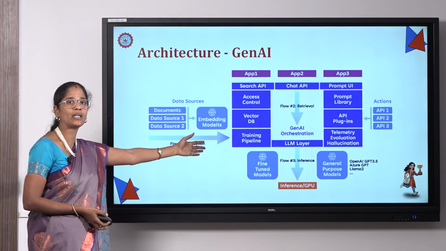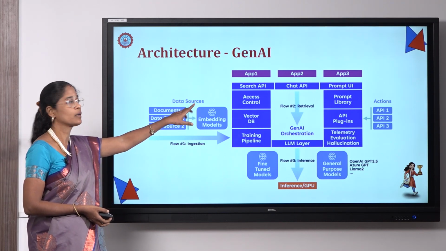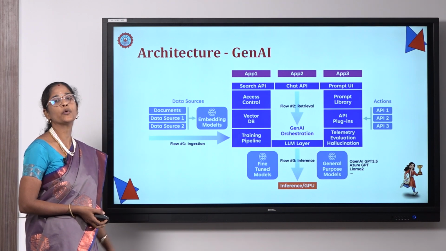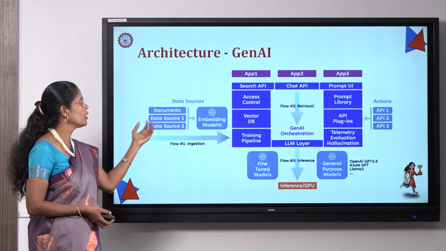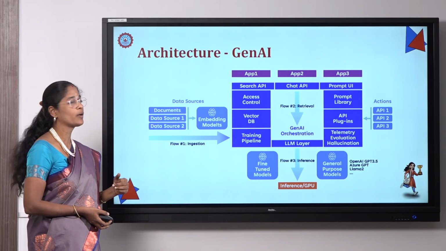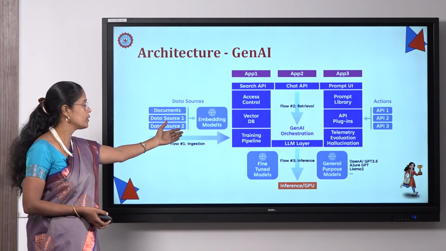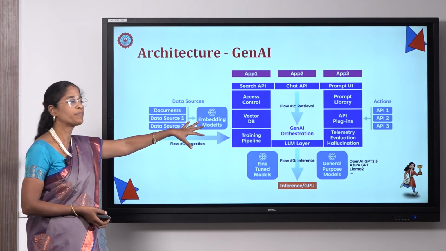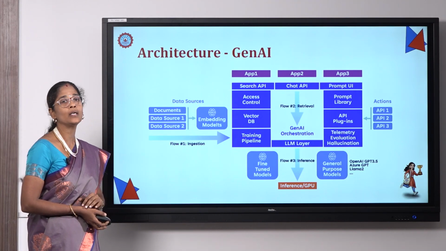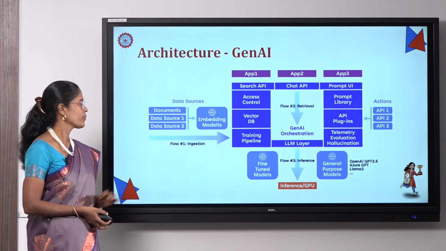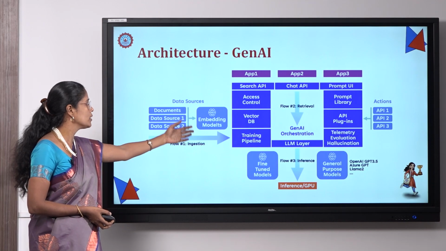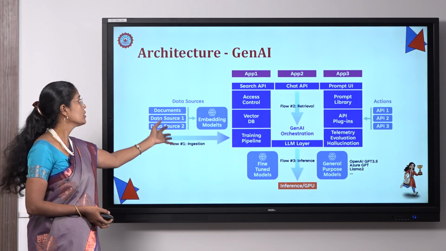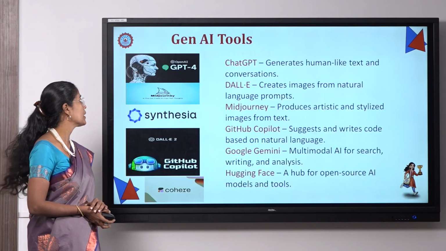It is embedding the data sources into the retrieval part, and in the retrieval it searches with different types of applications, like the UI models such as the chat model, the prompt model or prompt library, or you can think of a vector DB or the training pipeline. These are the different applications interconnected which make the orchestra of Gen AI. And moving on to the third one, with all this it is inferring for you through the tools that are available. Okay, so this is the general architecture of generative AI.